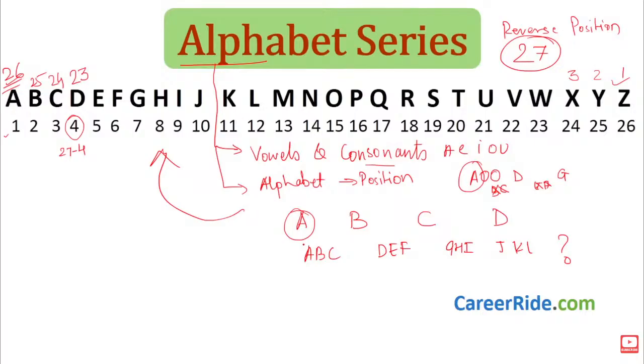So here what we have to do: take the first letter, find relation with the second letter. Take the second, find relation with the fourth, and also find the relation of this group with this. Such things are there. It is very easy actually. Once you draw the chart, you will very easily be able to guess the answer or the pattern. Let's take a look at few examples so that it would become more and more clear.